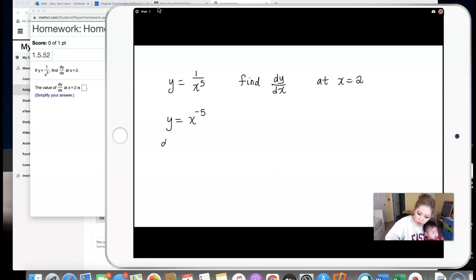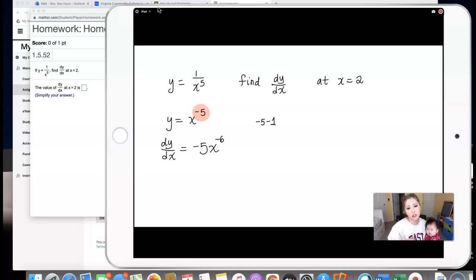Y prime or dy dx, we learned about both notations in section 1.5. Remember the power rule, bring down that power of negative 5 as a coefficient. And we need to go down 1 from the original power. So the new exponent is going to be negative 6.